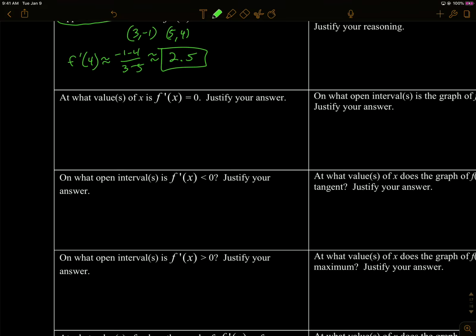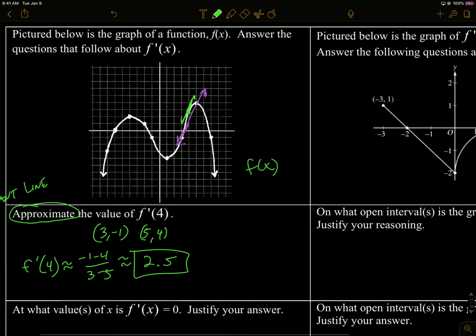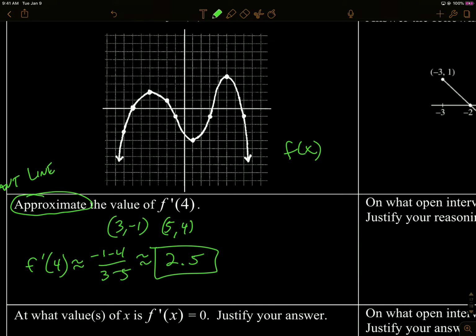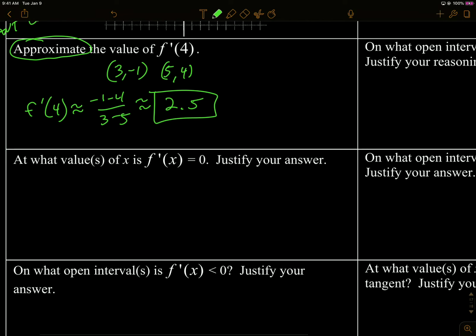At what values of x is the derivative 0, based on the graph of f? So derivative 0 means we've got horizontal tangent lines. It looks like one turns up there, one turns up there, and one turns up there. So we're going to say that f prime of x equals 0 when x equals -4, 1, and 5.